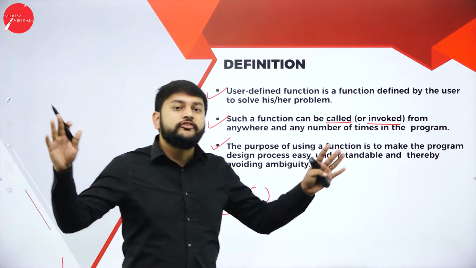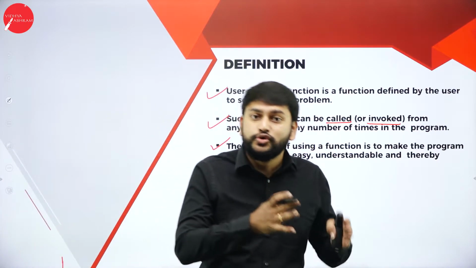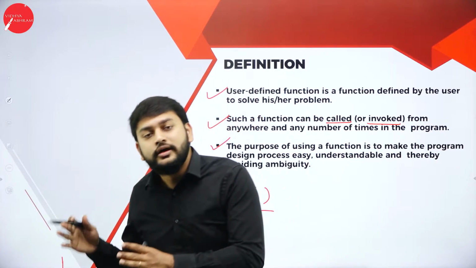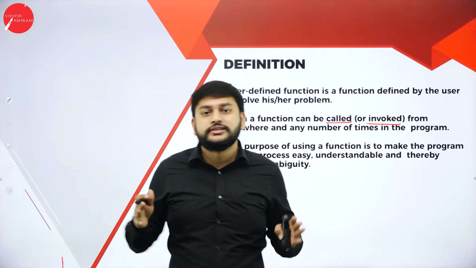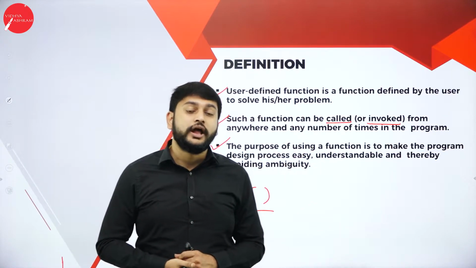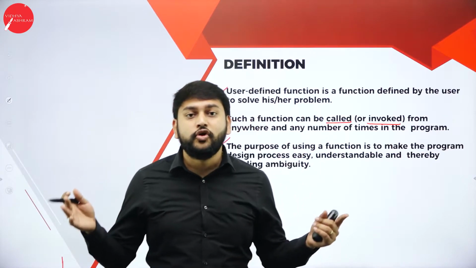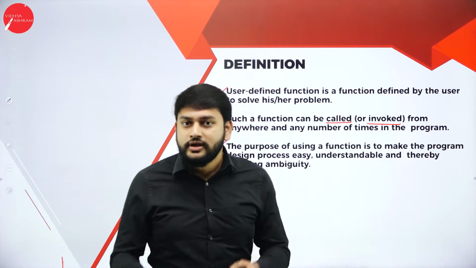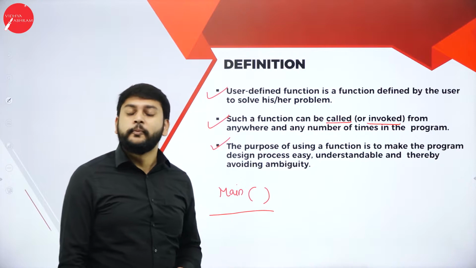As of now, you just have to understand that if the user defines his own function to solve his own problem, I call it a user defined function. You can call it from anywhere and n number of times, and that concludes the definition of user defined functions.